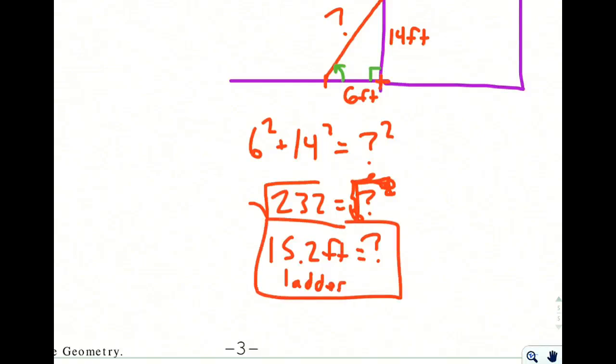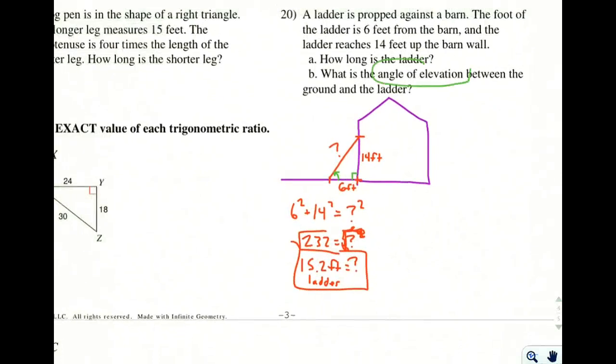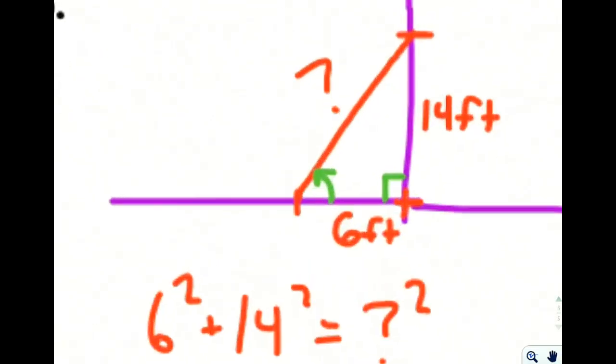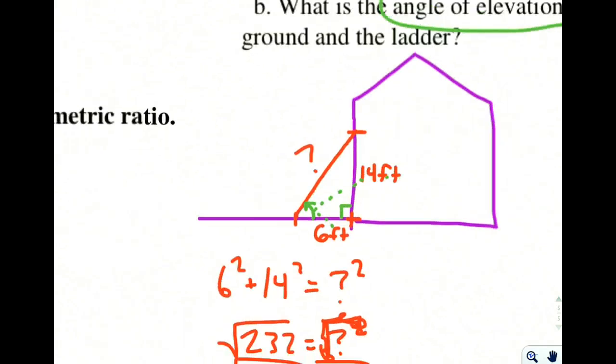Now we also need to solve the other part of this question, which was that angle of elevation. The angle of elevation is going to require a trig ratio. So we're going to want to find something that uses the side that is opposite and the side that is adjacent, because we have the opposite side 14 and the adjacent side of 6.